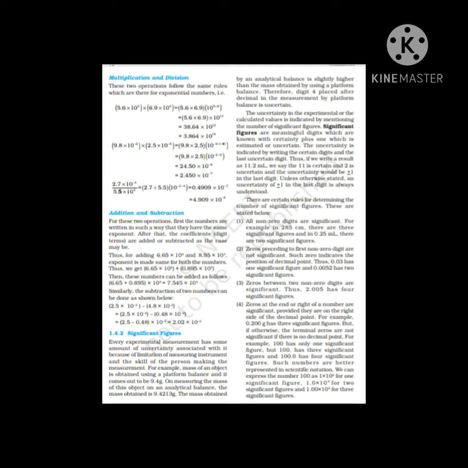We can express the number 100 as 1 into 10 to the power 2 for 1 significant figure, 1.0 into 10 to the power 2 for 2 significant figures, 1.00 into 10 to the power 2 for 3 significant figures. Last rule: count the number of objects.